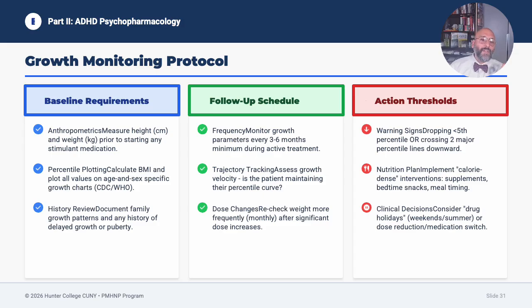That's when you intervene, not panic, just act. So you start with nutritional strategies like calorie-dense meals and bedtime snacks. If needed, you consider a dose reduction, medication holidays, or switching agents altogether. The key takeaway is growth suppression is usually modest, dose-dependent, and manageable if you're monitoring it.